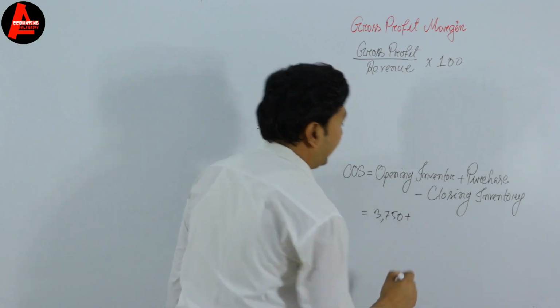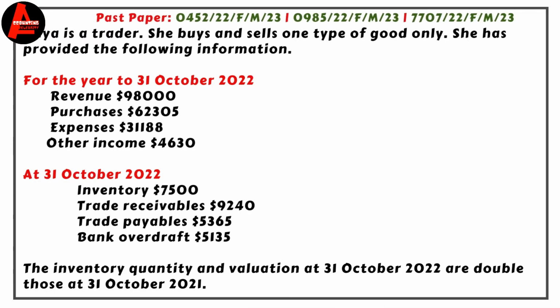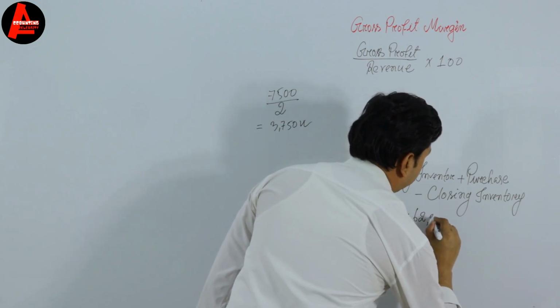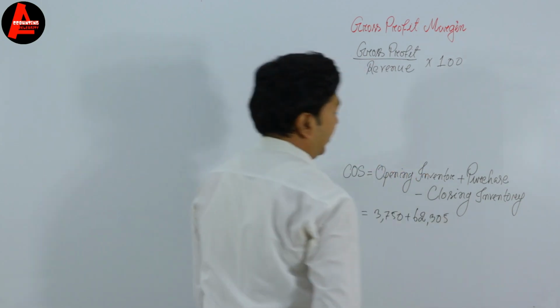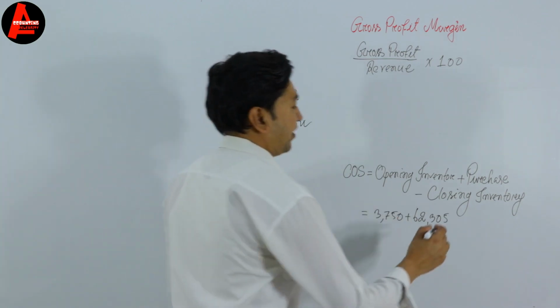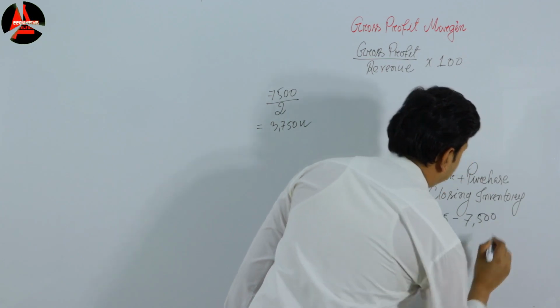Let us write here opening inventory $3,750, and on the question we have purchases $62,305, and we already know closing inventory is $7,500. Now we will add purchases, 62,305. Now we will minus closing inventory, given on the question, $7,500.